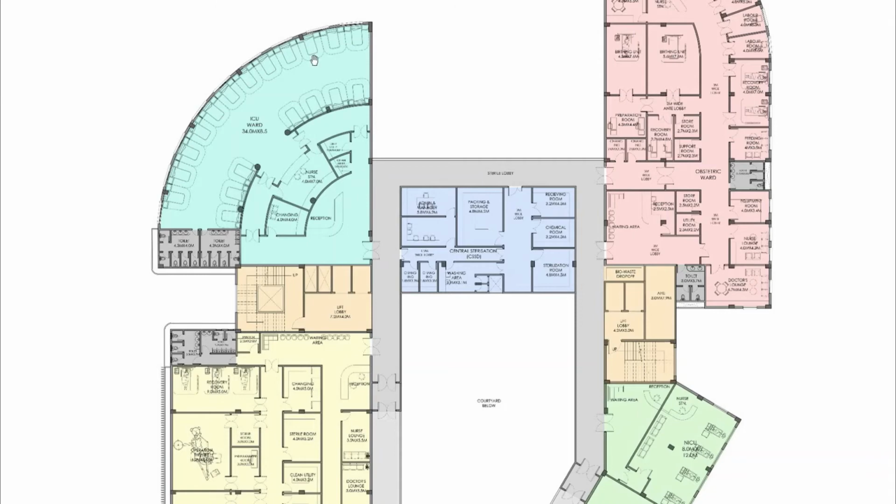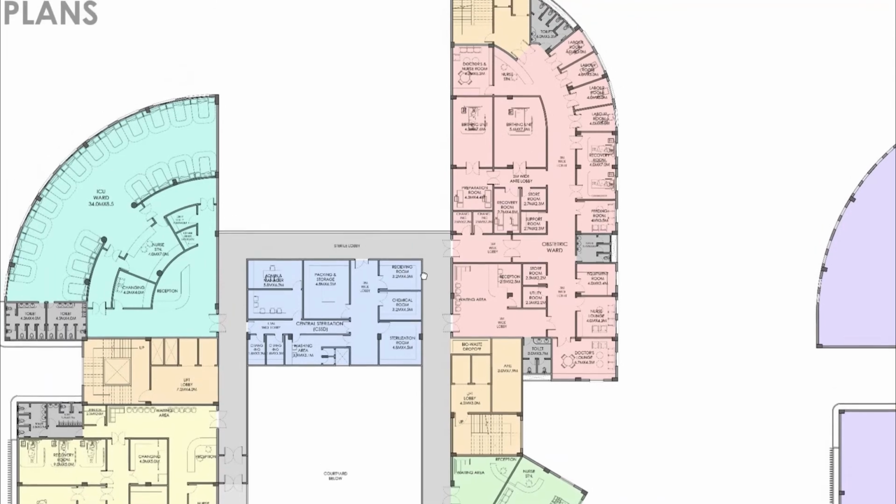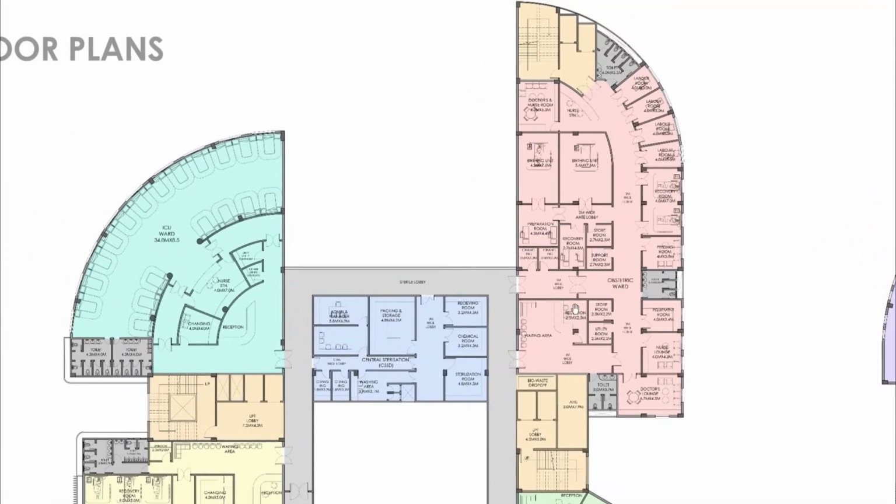In order to use the north light in the ICU ward, we have provided big openings in the northern facade. The obstetric ward is divided into two parts. One is the public space, where we have spaces such as waiting, lobby, etc. Second is the private space, which will be accessed by the doctors and the patients.